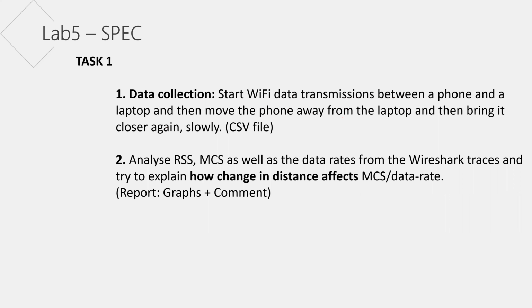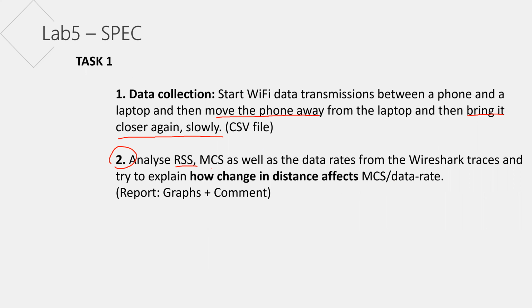Just start collection, you just move away, right? And then bring it back slowly. So you may need to have at least 1 minute for the whole process and make sure you have enough packets to analyze. And the second part is about the report.